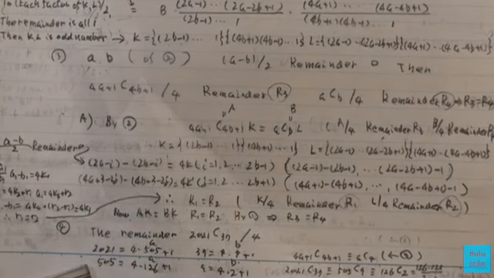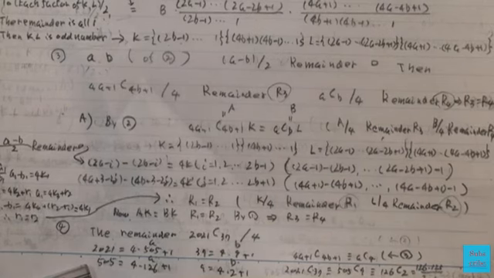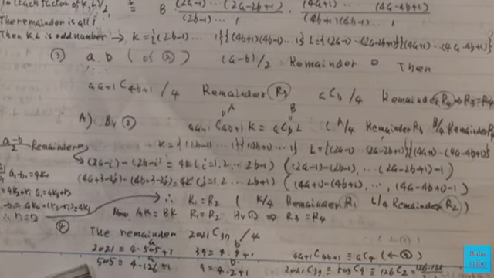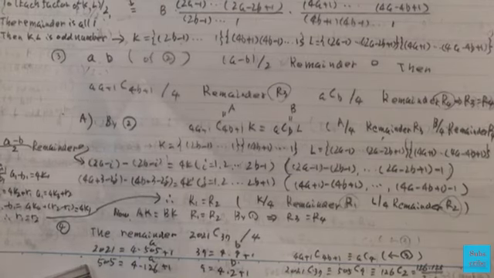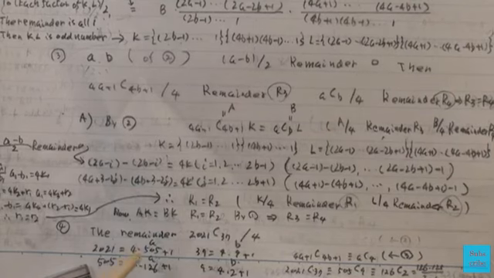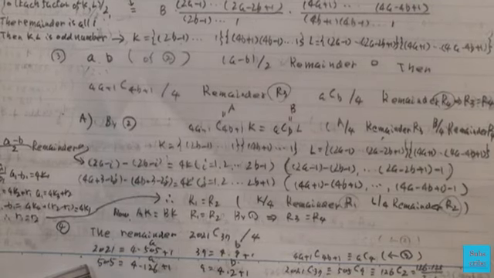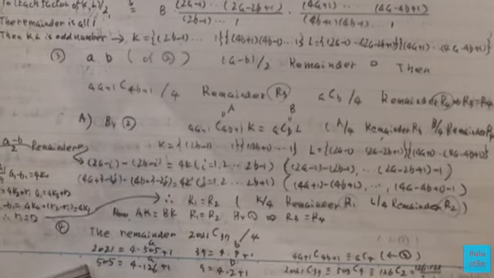And 37 equals 4 times 9 plus 1. This is small b. And more, 505 equals 4 times 126 plus 1. This is small a. And 9 equals 4 times 2 plus 1. This is small b.